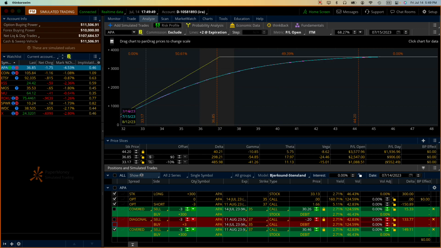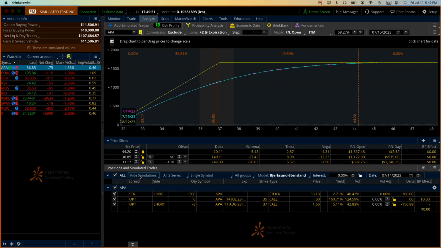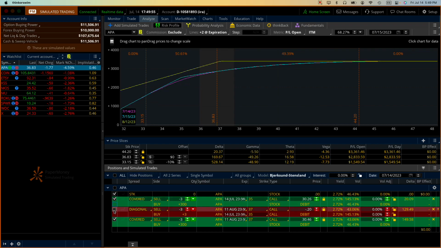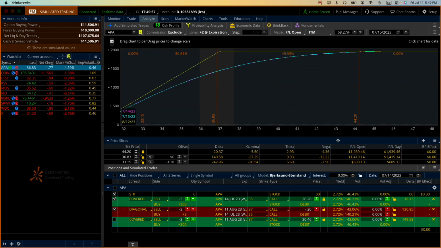And you can see if I hide the position, the two trades, the original trade and the rollover, have this maximum profit of 1962, and you can see the P&L currently is $1,416.